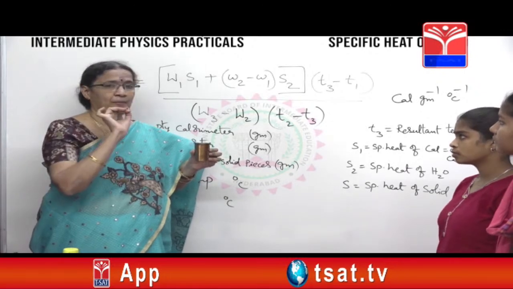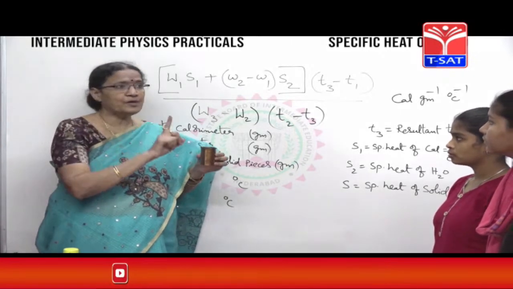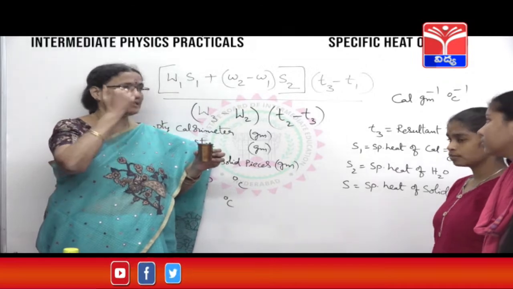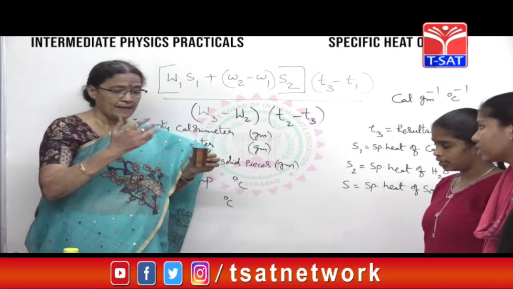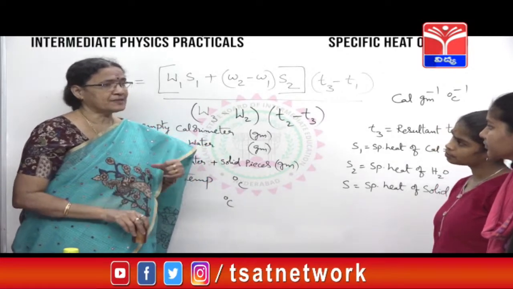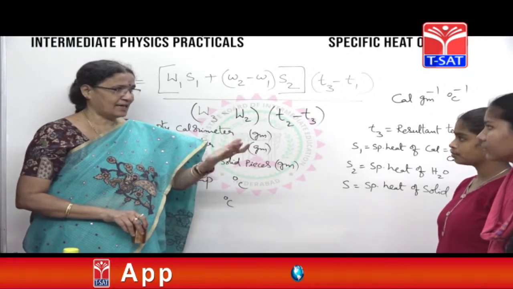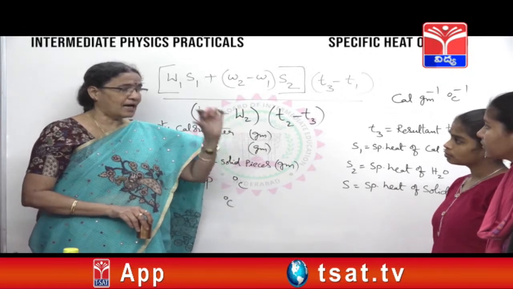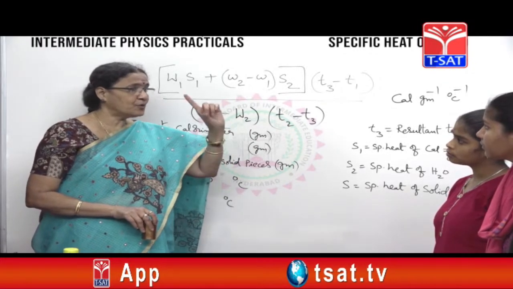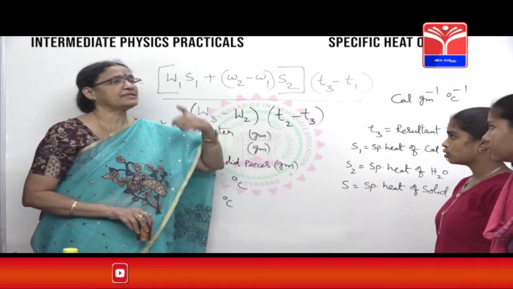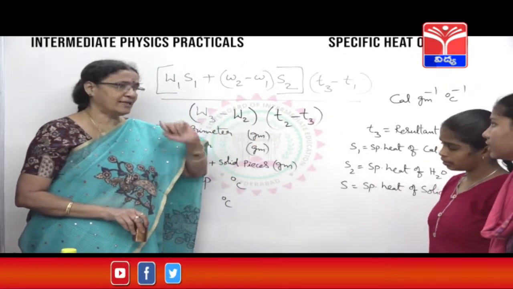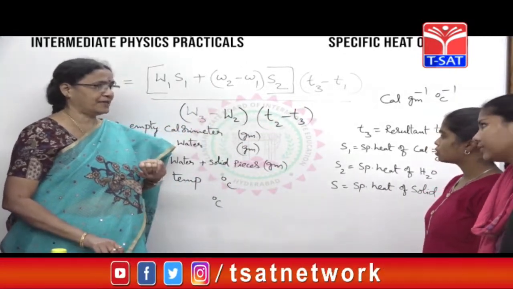The definition is the amount of heat required by unit mass of the substance to raise its temperature by 1 degree centigrade. So how do you raise the temperature of a substance? By heating it. So that amount of heat required by unit mass of the substance to raise its temperature by 1 degree, you call it a specific heat.